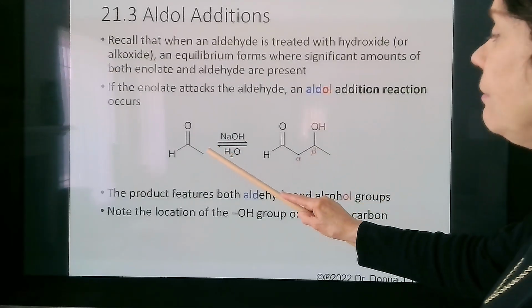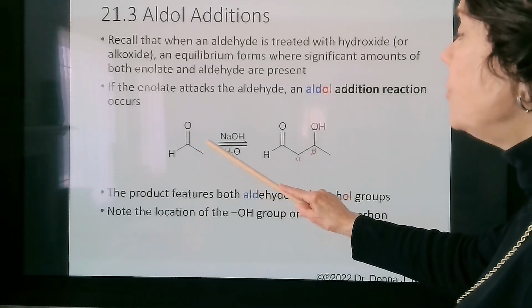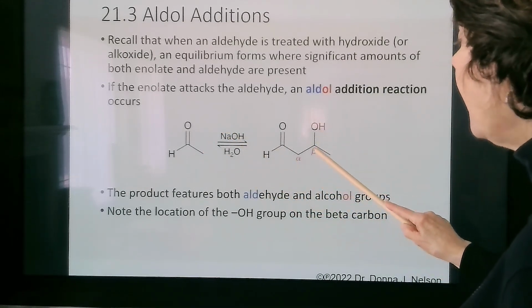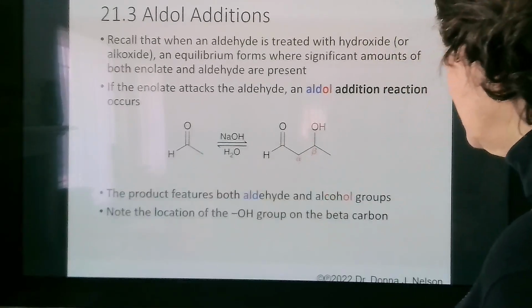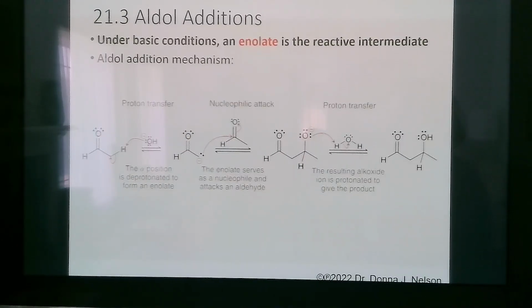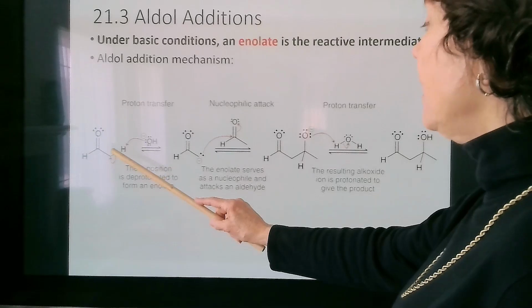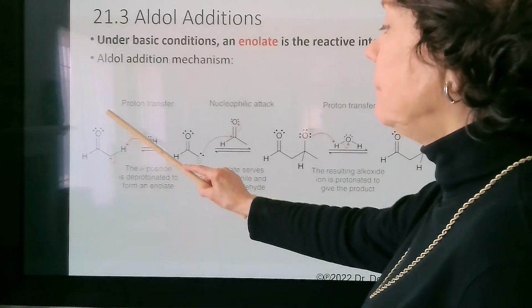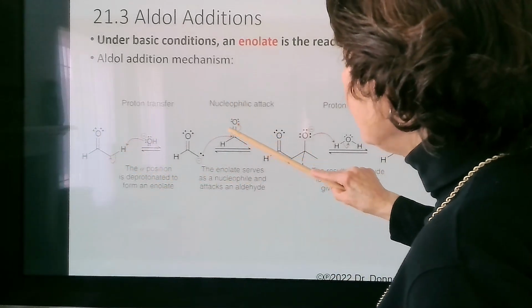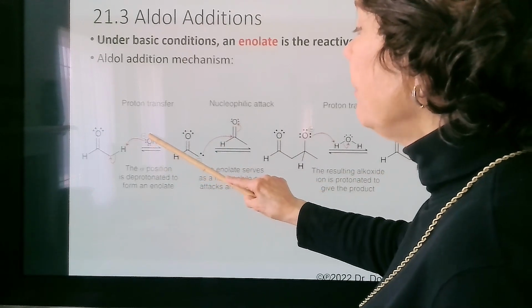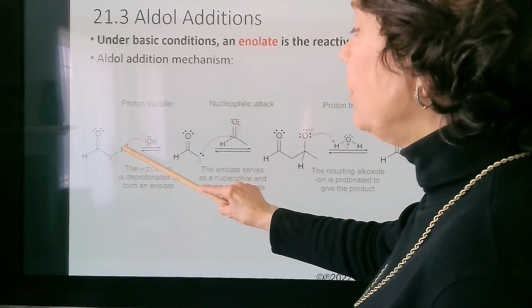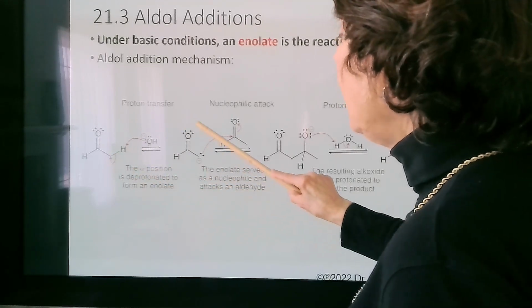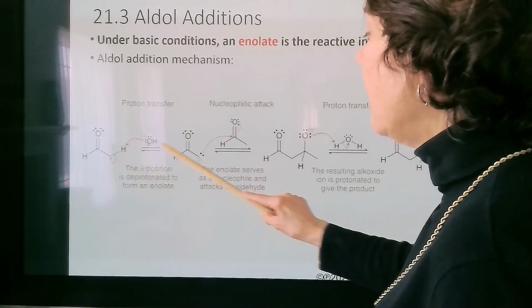So you have this carbon attacking at the carbonyl of another aldehyde, and you're going to see that on the next slide. So basically this is the aldehyde reacting with itself. So here on the first aldehyde, under basic conditions, the proton is removed, forming the enolate from the aldehyde.